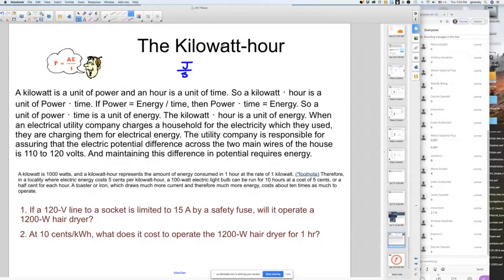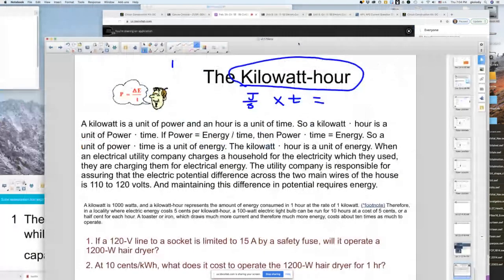So 1 kilowatt means 1,000 joules per second. And if you multiply this by time, then you get energy used. So a kilowatt hour is basically a unit of energy, not of power, because you multiply it by time here. So that's the last thing for that chapter.